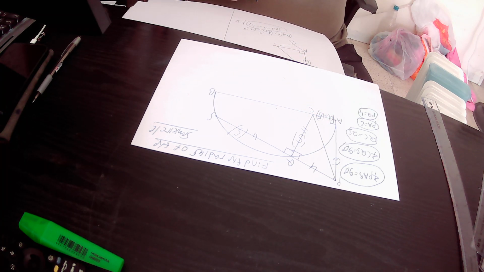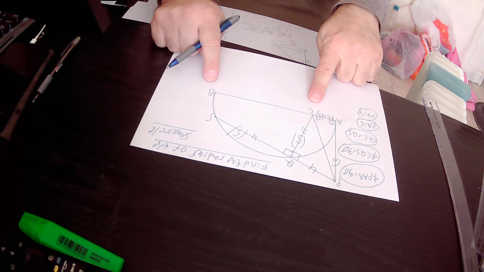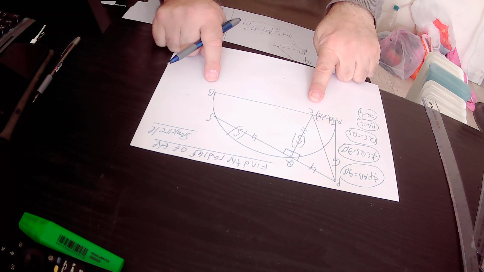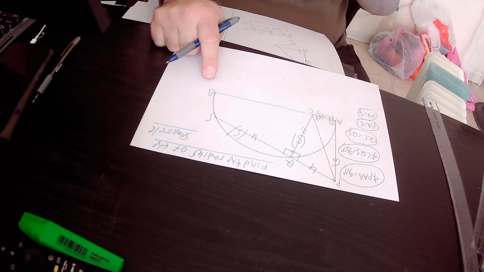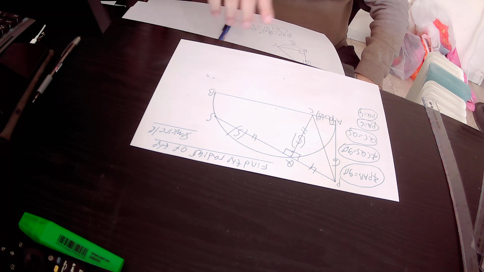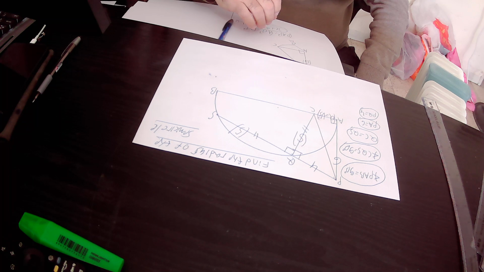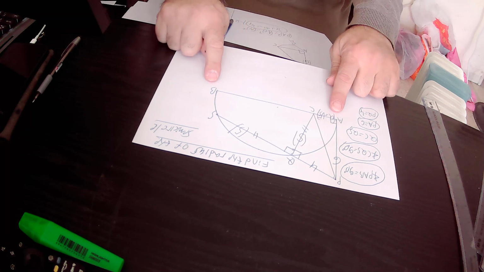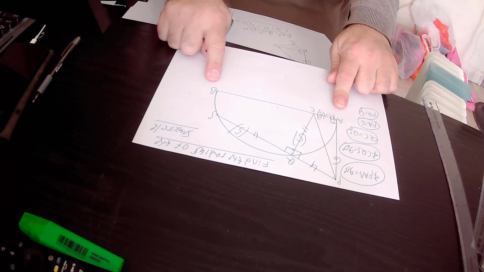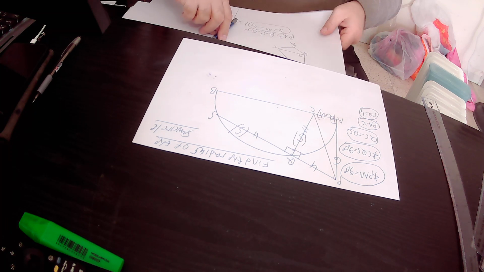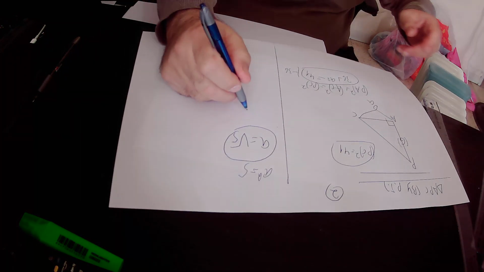Okay, so in the next step we will find out the length of this line segment CB. Actually, it is given in the question that this is a semicircle, and therefore AB must be the diameter of the semicircle. So I write it down. AB is the diameter of the semicircle.